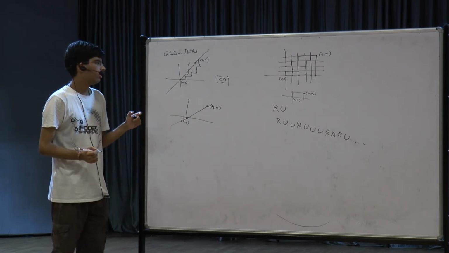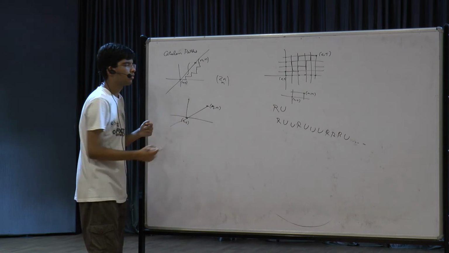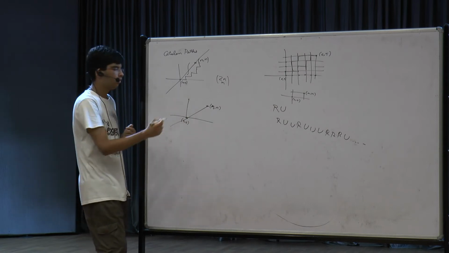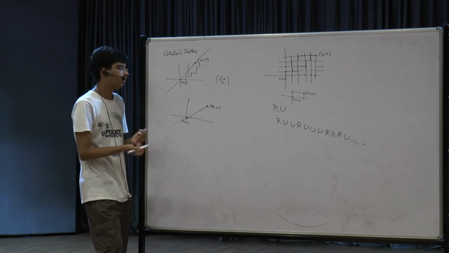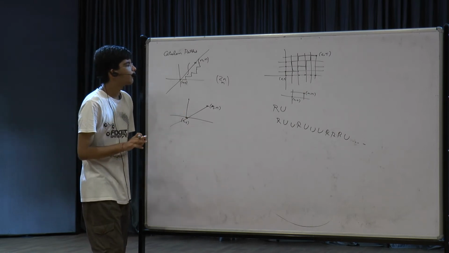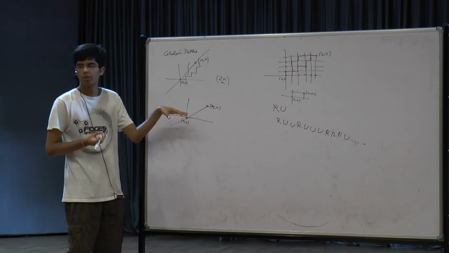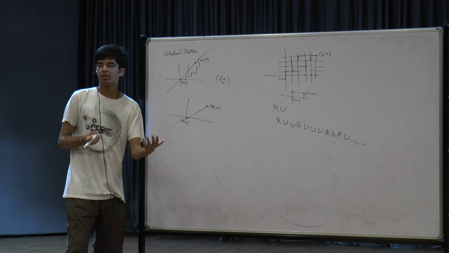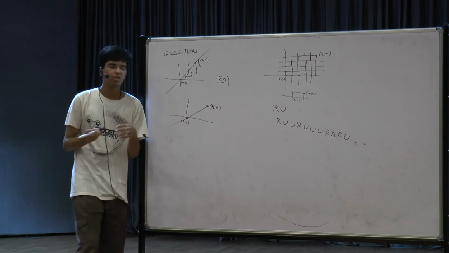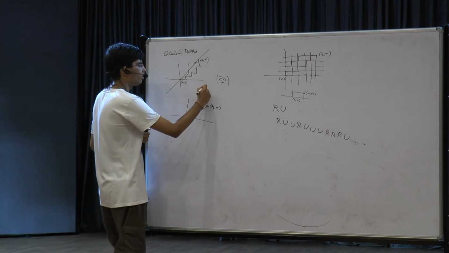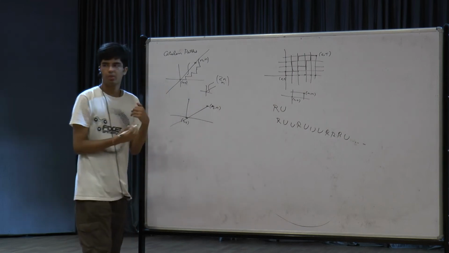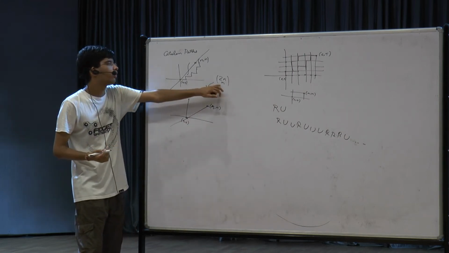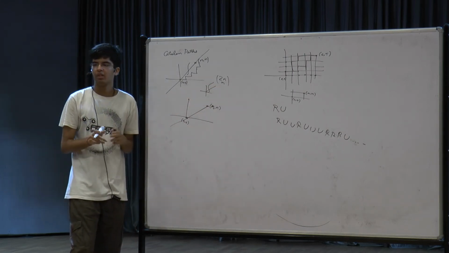Now, this is the total number of paths, but clearly not all of them work. If you look at just the path which goes up at the very first step, we are doing something wrong. So instead of calculating the good paths, we look at the paths which do not satisfy our condition, and we'll call them bad paths. So we look at paths which cross this line at some point, and we'll calculate the number of such paths. And then clearly, from 2n choose n, we'll subtract that number, and we'll get the answer.